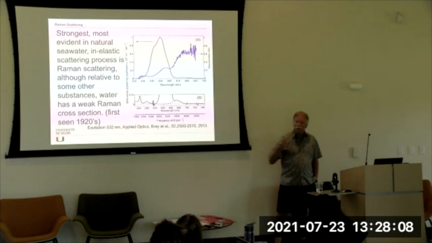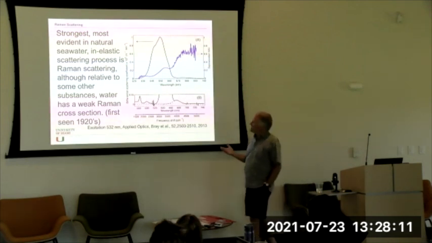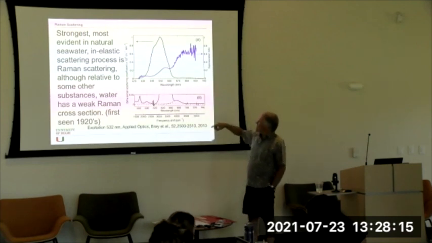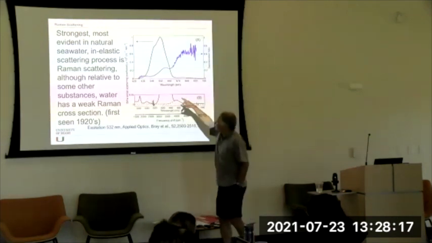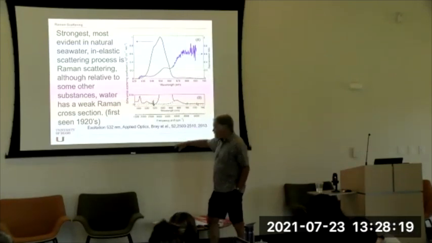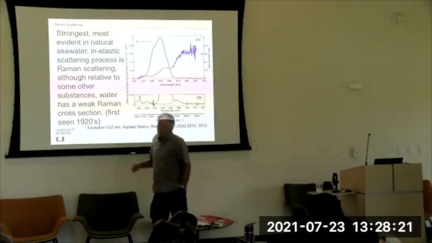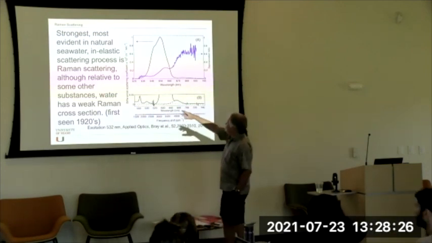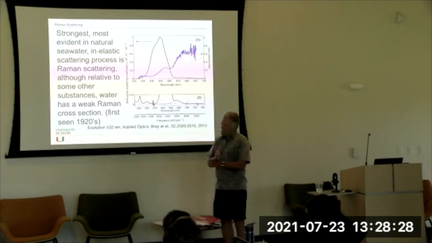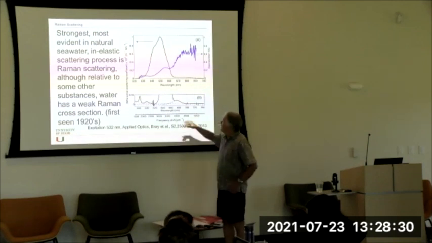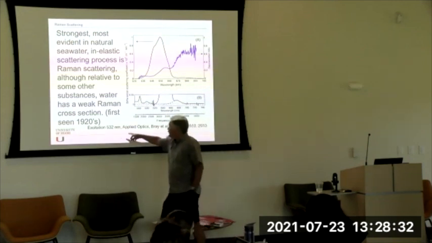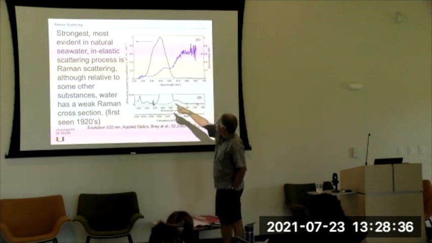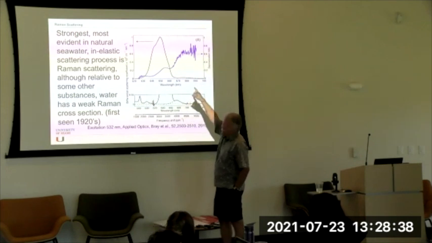Although it occurs in water, it is relatively weak compared to other substances. What this curve shows is excitation at 532 nanometers. If you take a 532 nanometer laser, send it to the water, and look at what you get out, you'll get a lot of scattering at 532, but then you'll also get this peak where you get light coming out at about 650 nanometers.